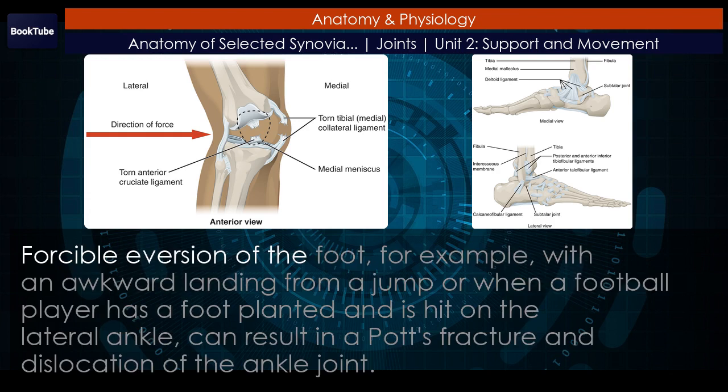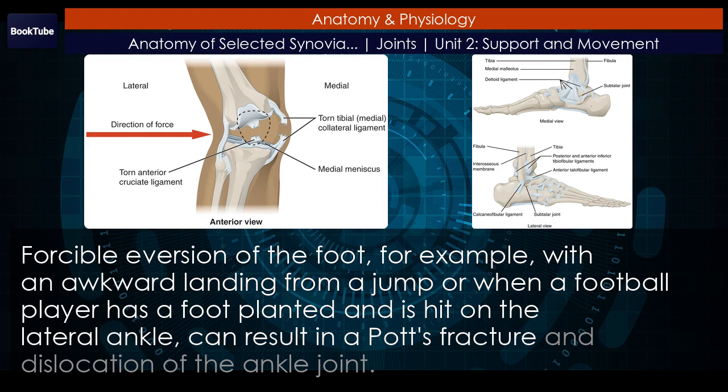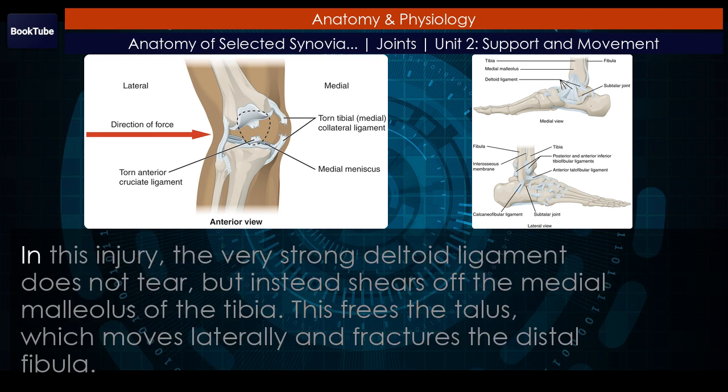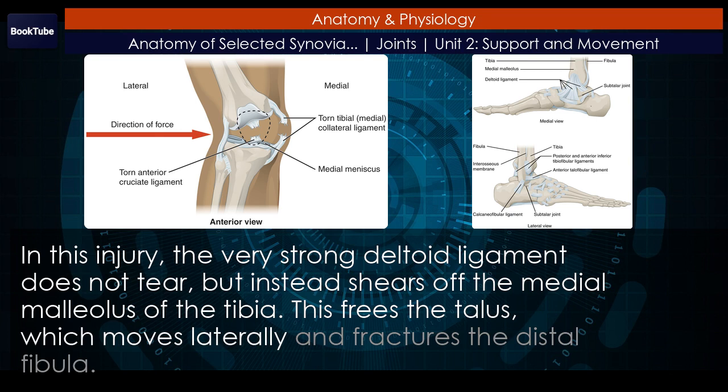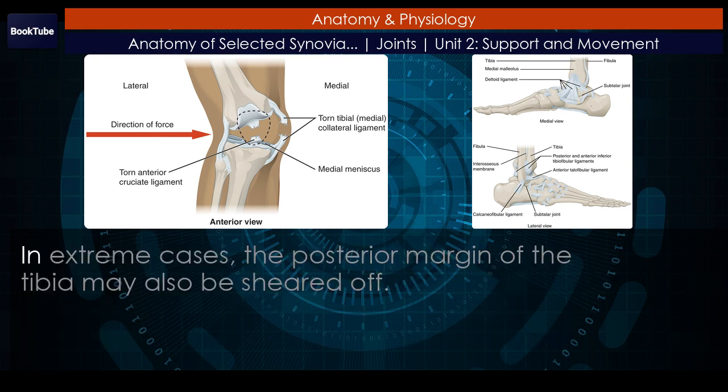Forcible eversion of the foot, for example, with an awkward landing from a jump or when a football player has a foot planted and is hit on the lateral ankle, can result in a Pott's fracture and dislocation of the ankle joint. In this injury, the very strong deltoid ligament does not tear, but instead shears off the medial malleolus of the tibia. This frees the talus, which moves laterally and fractures the distal fibula. In extreme cases, the posterior margin of the tibia may also be sheared off.